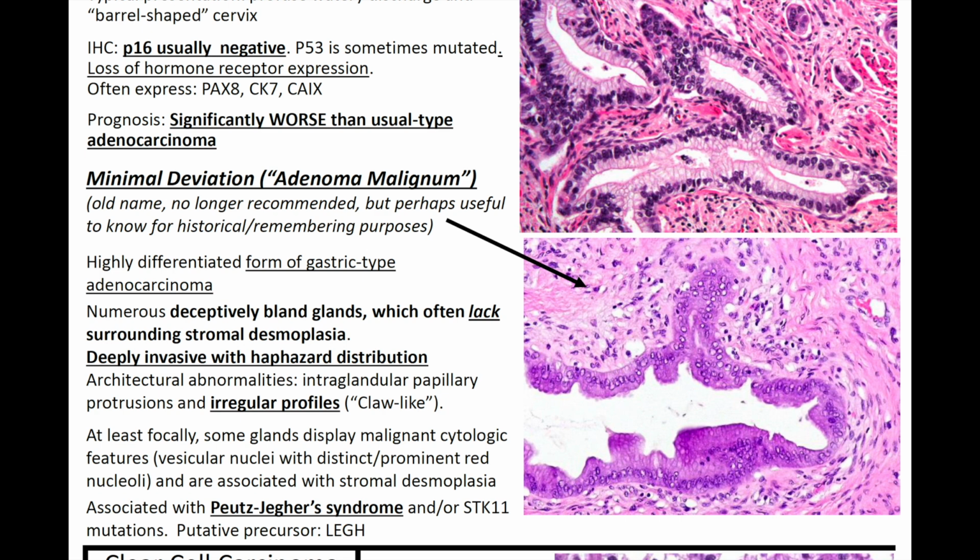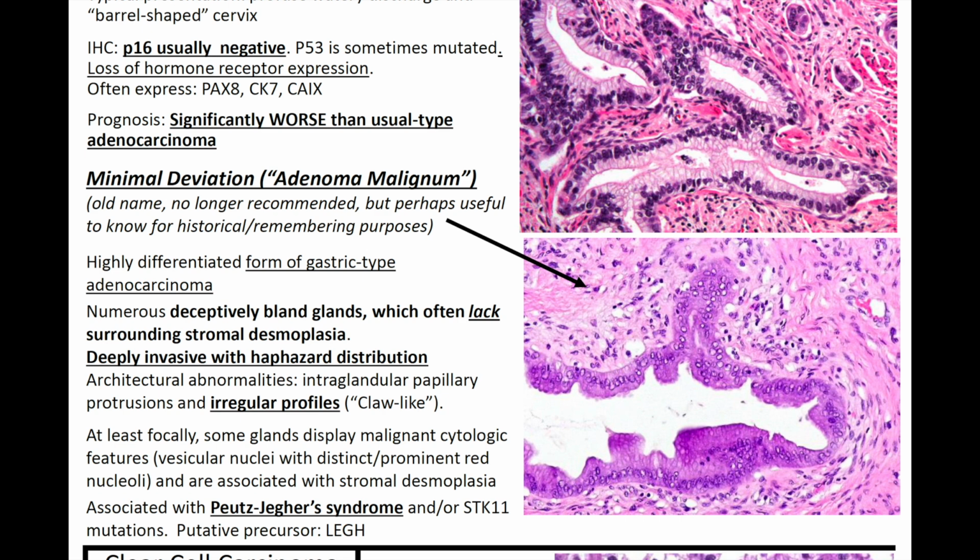There's a highly differentiated form of gastric type adenocarcinoma with numerous deceptively bland glands, which often lack surrounding stromal desmoplasia, but are deeply invasive with haphazard distribution. For architectural abnormalities, you can have intraglandular papillary protrusions and irregular profiles, claw-like, and at least focally some glands display malignant cytologic features, vesicular nuclei with distinct prominent red nucleoli, and are associated with stromal desmoplasia.